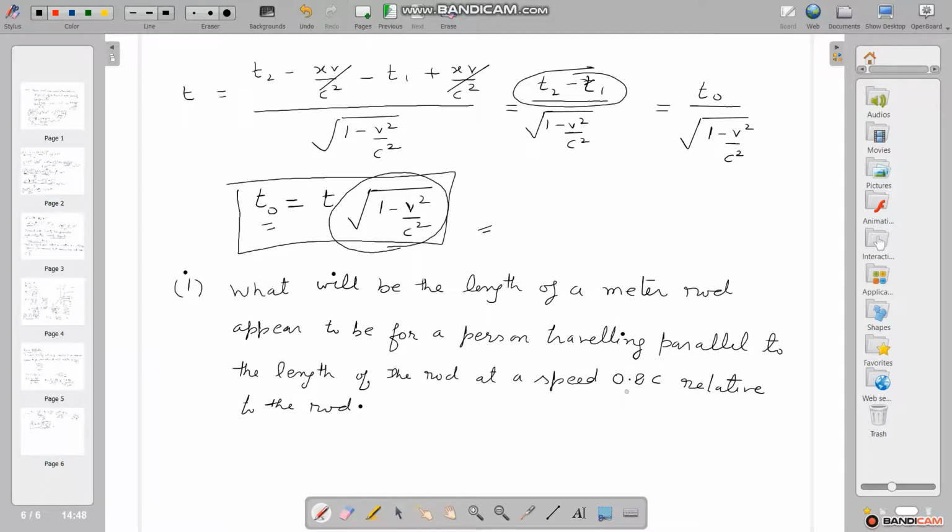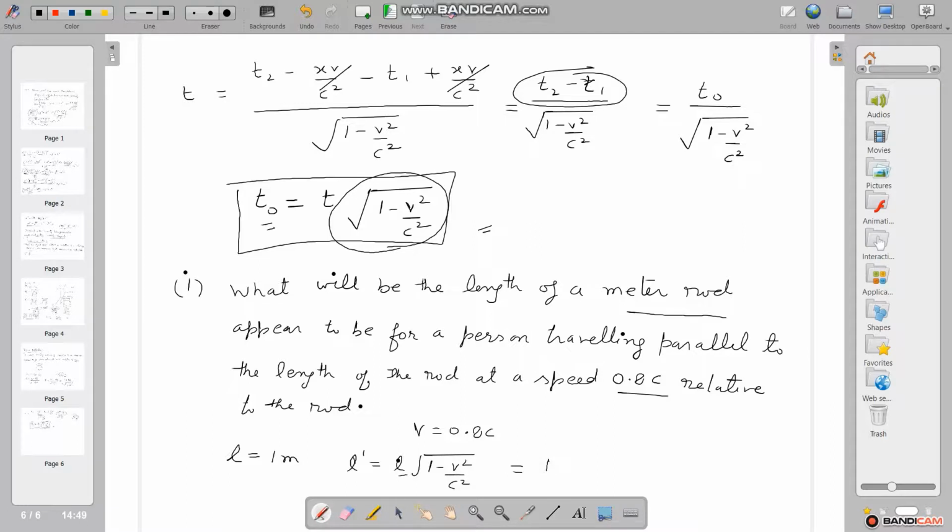We can see that velocity is equal to 0.8 c and length is 1 meter. So L is 1 meter, and we know that L dash is equal to L under root 1 minus v square upon c square.